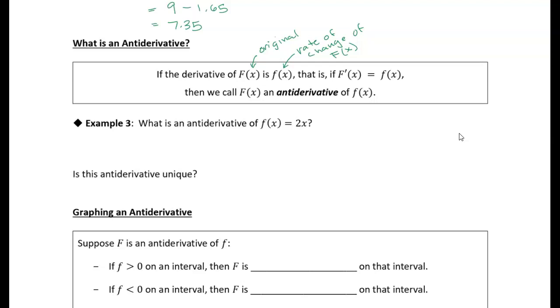All right. Let's look at an example here, because in this chapter we're not actually getting into figuring out equations for antiderivatives, but you just have to think about it: if I asked you what is the antiderivative of 2x, what this is asking is, what function has a derivative of 2x?